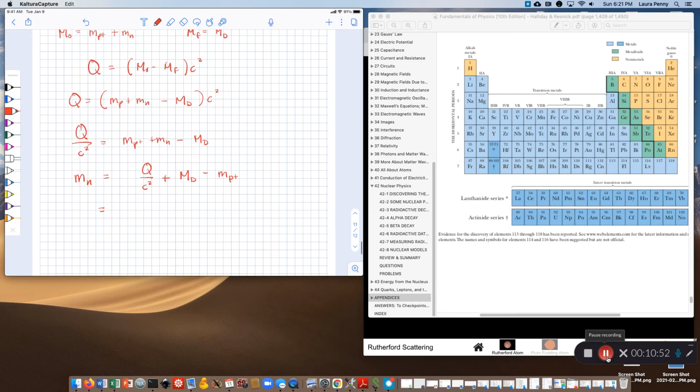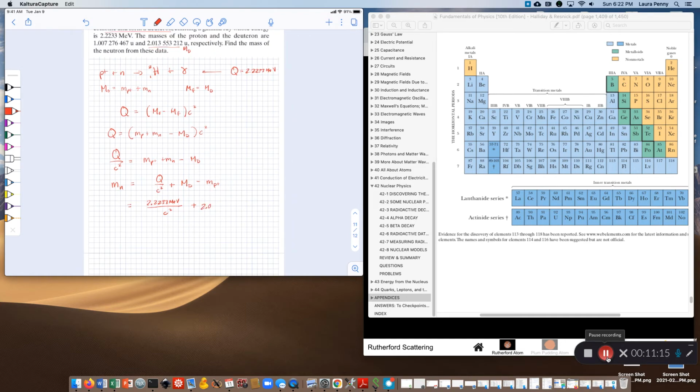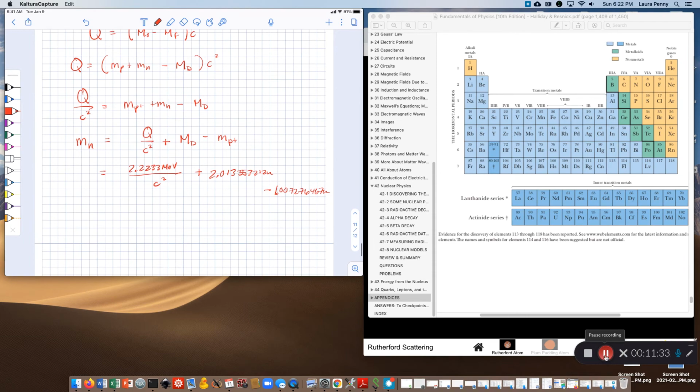Q is 2.2233 MeV over c squared, and the mass of the deuterium was 2.013553212 u, minus 1.007276467 u. So unit-wise this looks very strange, but I'm going to remember that 1 u is 931.494013 MeV over c squared.